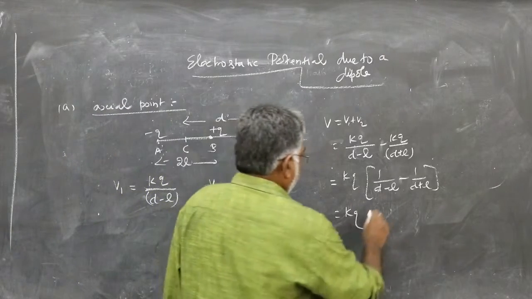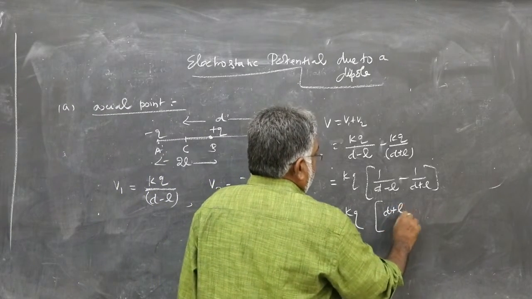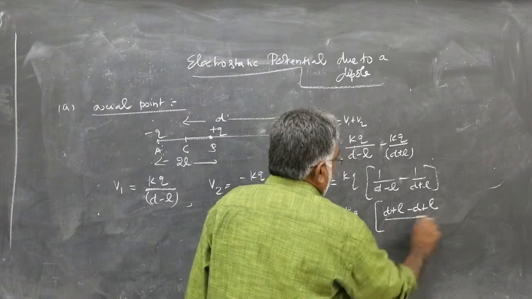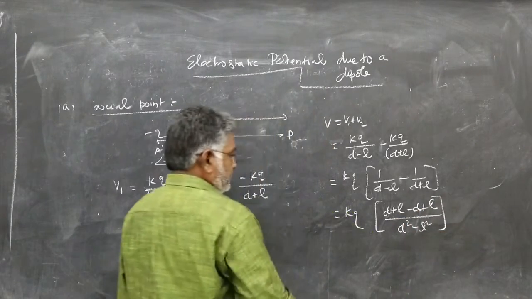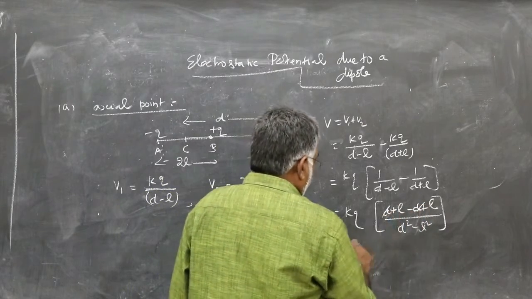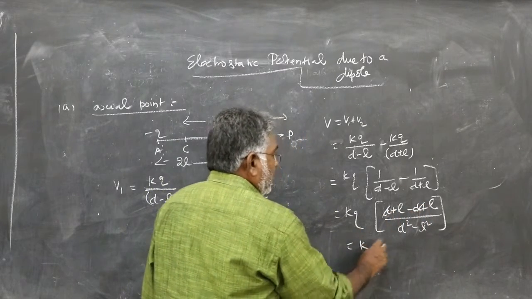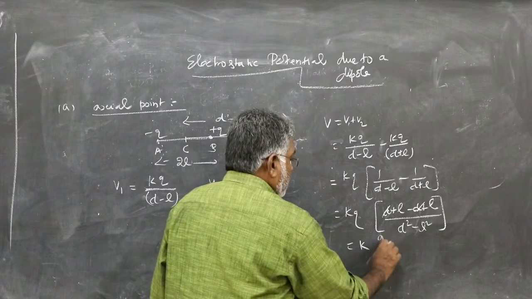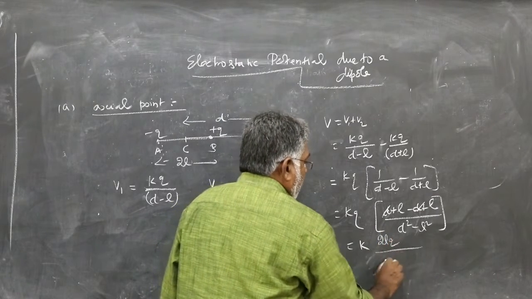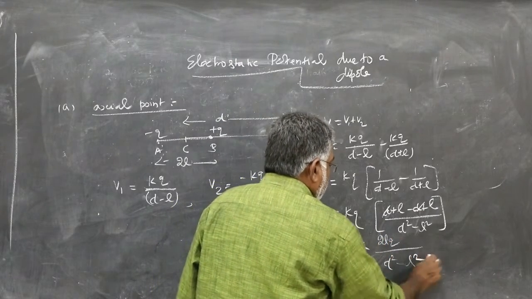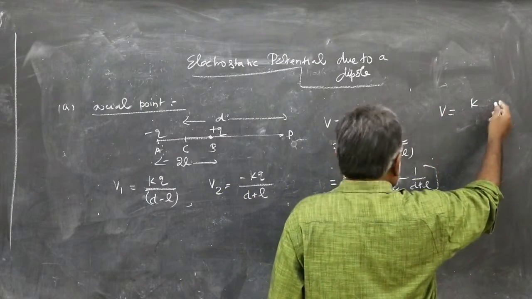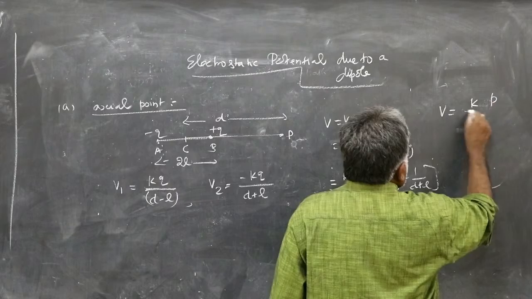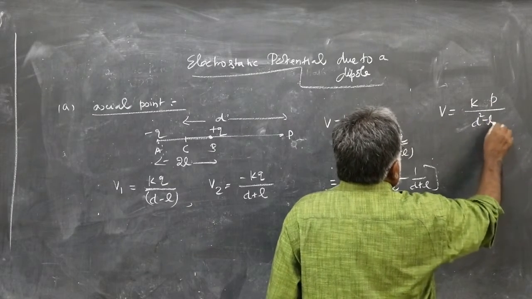That gives d plus L minus d plus L, by d square minus L square. The d will go off. K times 2L into Q, that is 2LQ by d square minus L square. So the net potential is K into P by d square minus L square.